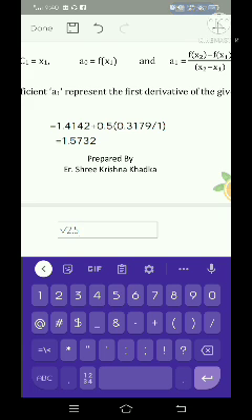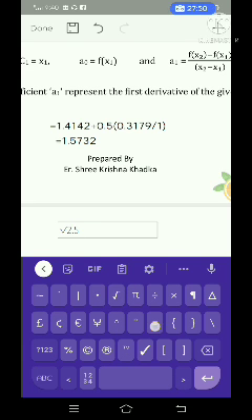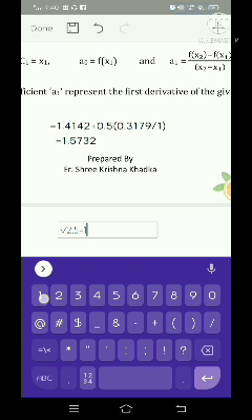Sa calculator, the actual value of square root of 2.5 is equal to 1.5811.